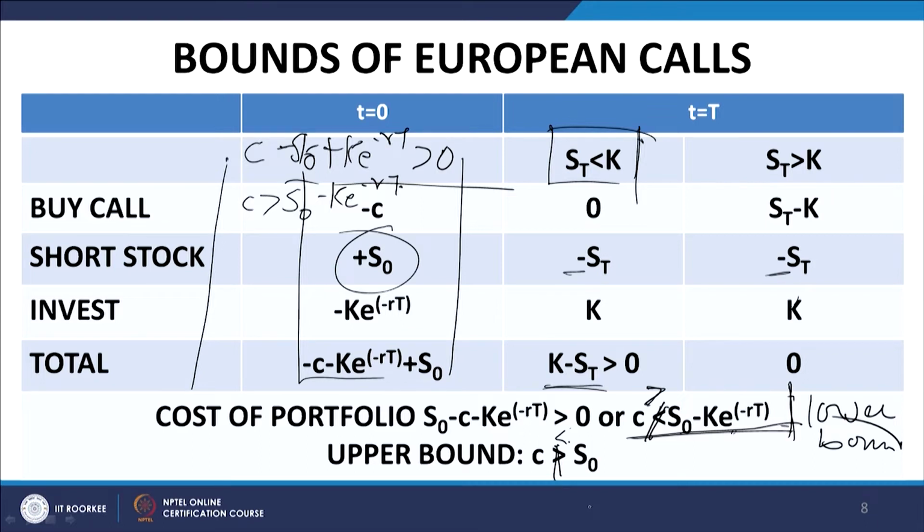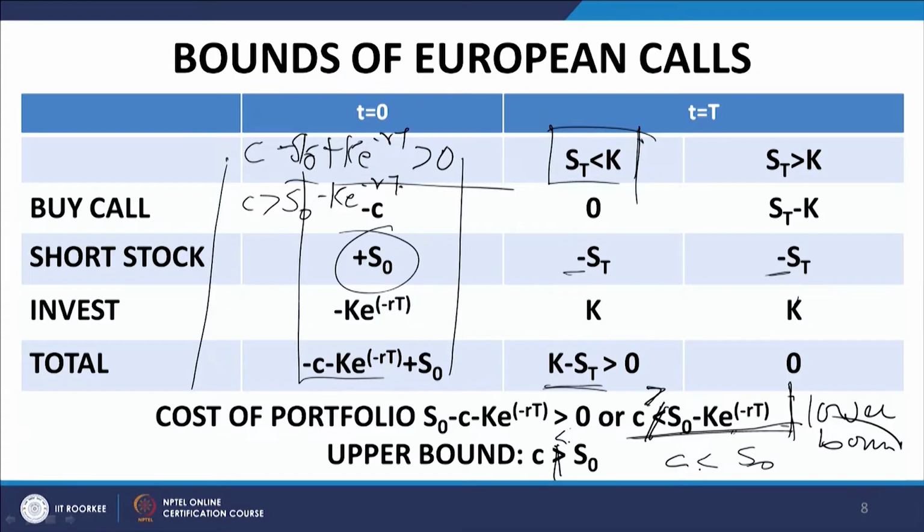Now, we come to the upper bound. What does the call option give you? The call option gives you the right to buy the asset at a particular price. Therefore, the price of the call option can never be greater than the price of that particular asset at that point in time. The best you can do with the call option is buy the asset.